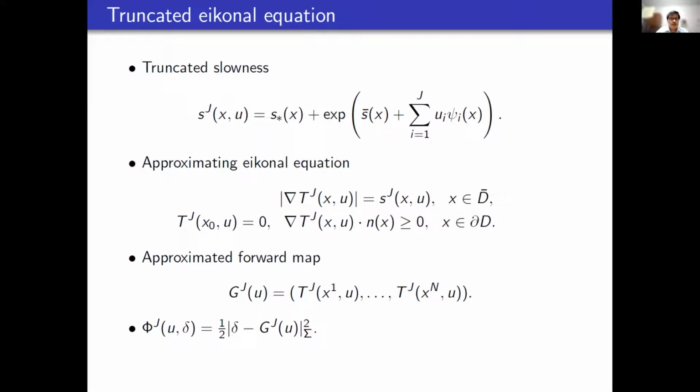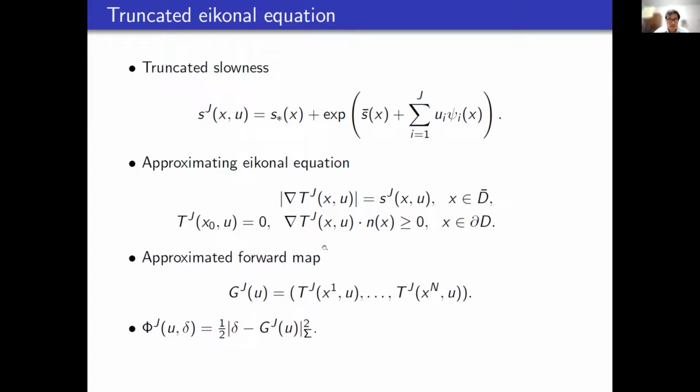So fixing a J, this is what we defined as the truncated slowness function f_J, where we just take J terms in this sum. So you see that I just have the summation where the little i here goes from 1 to J. And then I defined the approximating equation with the slowness s_J this way.